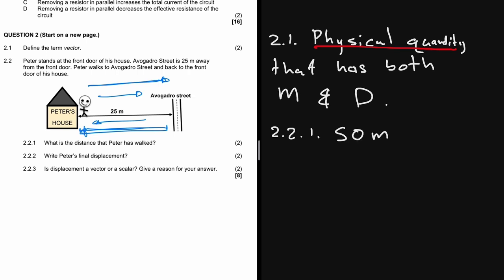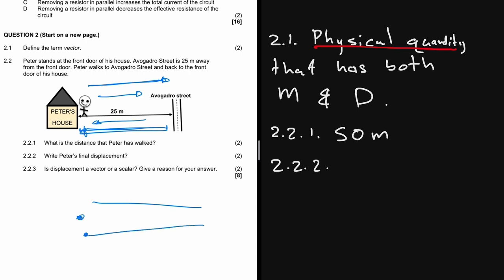Remember, distance is a scalar quantity. We can just add them. We don't have to include the direction. For 2.2.2, they say write down the final displacement of Peter. Remember, displacement is just the change in position. Initially Peter was at the front door, and then he went and came back to the front door.